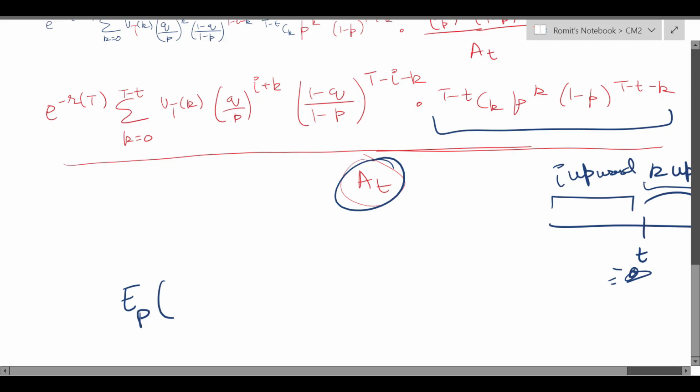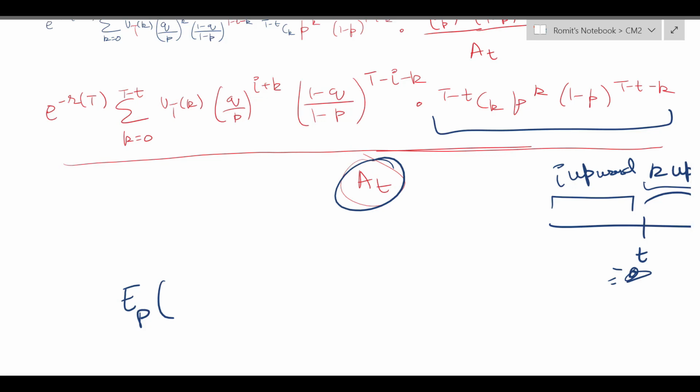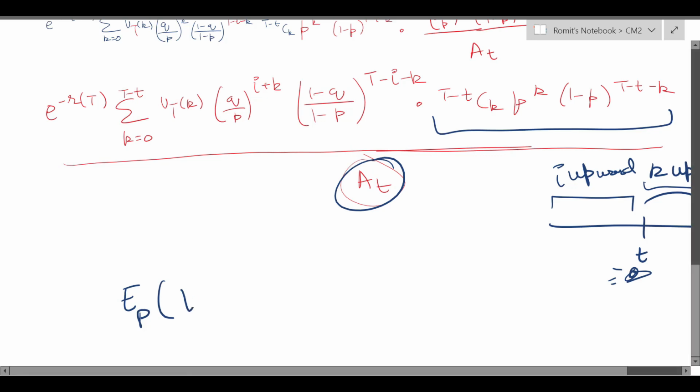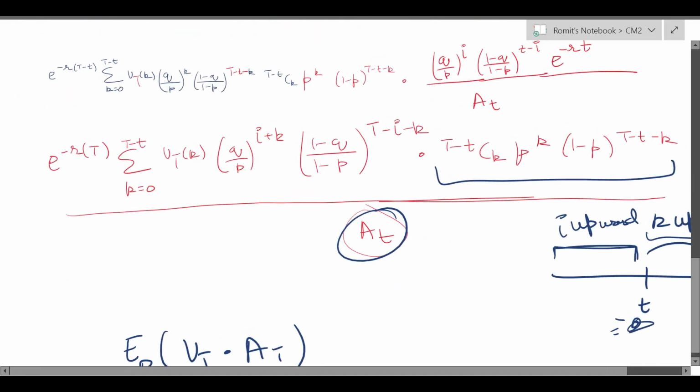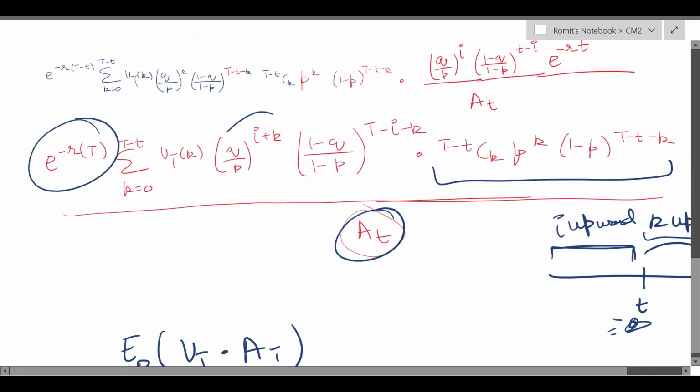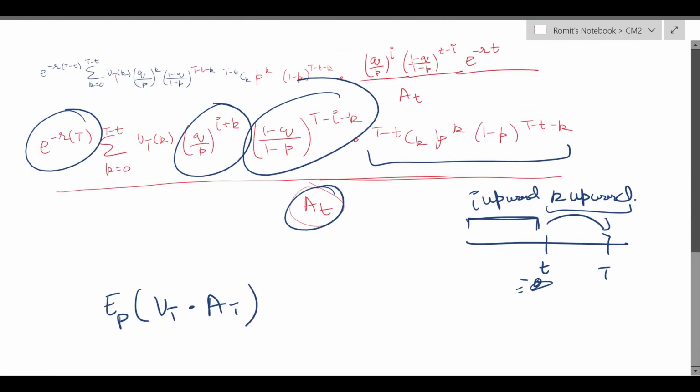This is the binomial probability of k upward movements. Then you are multiplying it with two things. One is the payoff of the derivative at time capital T, and then multiplying it with the value of the state price deflator, given the fact that there have been i upward movements in the past. So these three terms pertain to the state price deflator: i upward movements in the past, and k upward movements in the future.